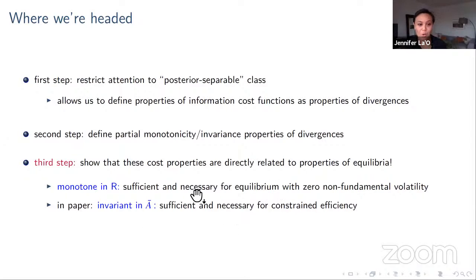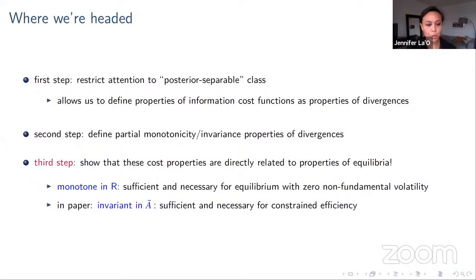In the paper, we also show that invariance in A bar is sufficient and generically necessary for constrained efficiency. Unfortunately, I didn't think I'd have time to show you that today, but these are two different properties. These are the ones that I just defined for you, and hence you can think of cost functions that potentially satisfy one or the other, and they're not the same.